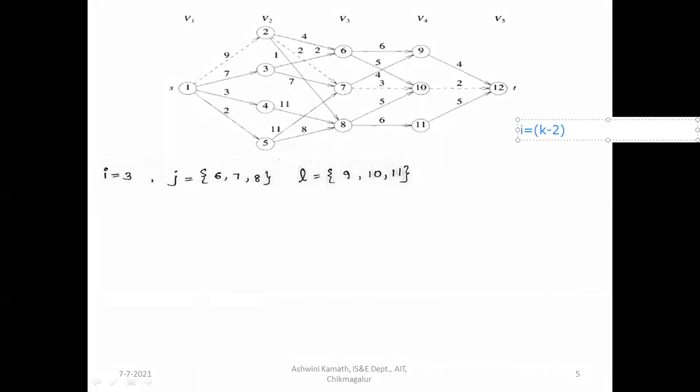For our problem, we have 5 stages, 5 minus 2, which is equal to 3. So we are starting from I equal to 3.